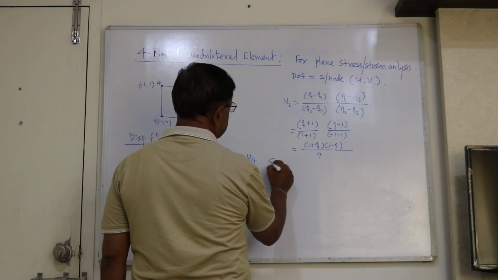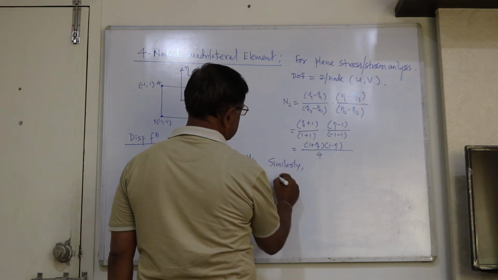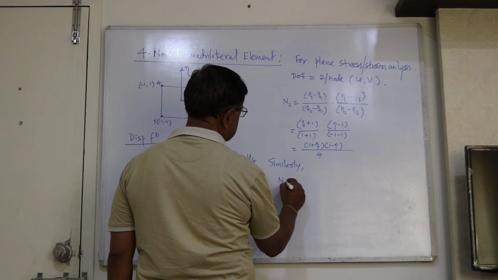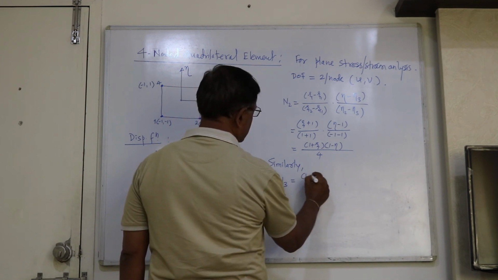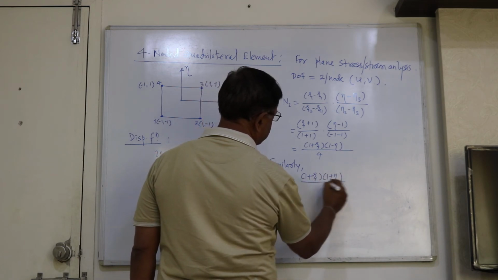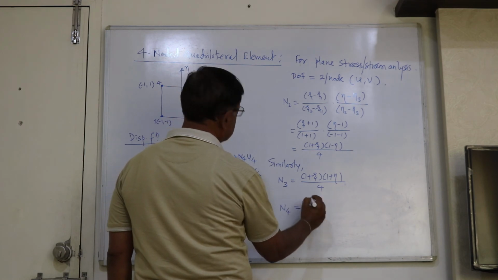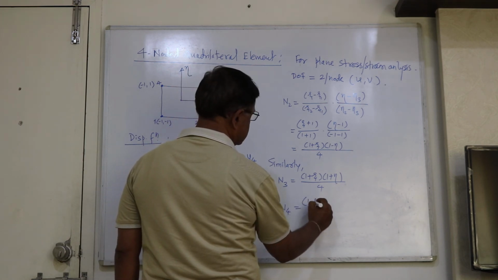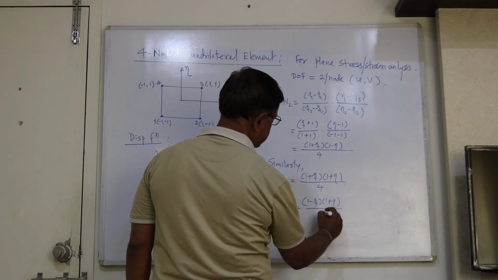Now similarly, we can directly write the remaining shape functions: N3 is equal to 1 plus xi, 1 plus eta, divided by 4. Then N4 is equal to 1 minus xi, 1 plus eta, again divided by 4.